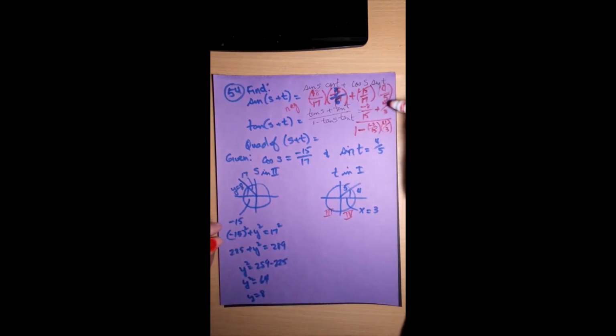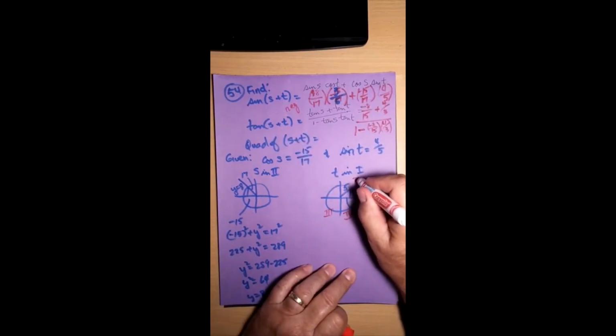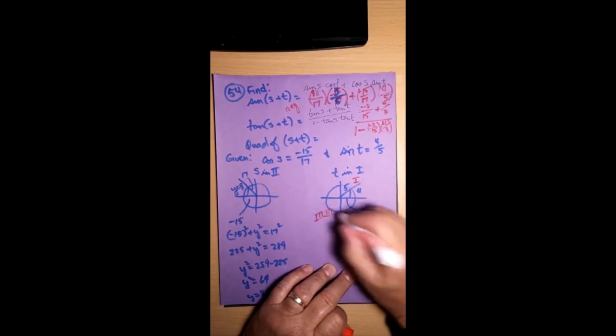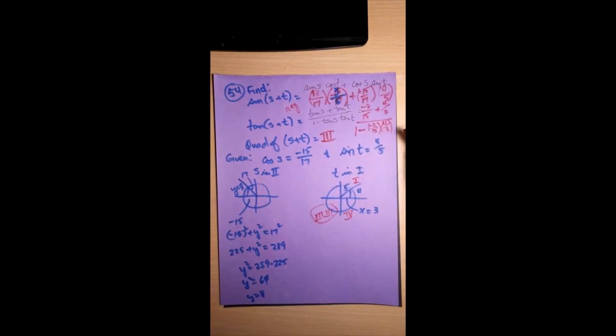But notice, 4/3 is much larger than 8/15, so the numerator is positive. The denominator, we have a negative times a negative, so it's positive. So the tangent is positive, and that's in quadrants 1 and 3. So s plus t must be in quadrant 3.